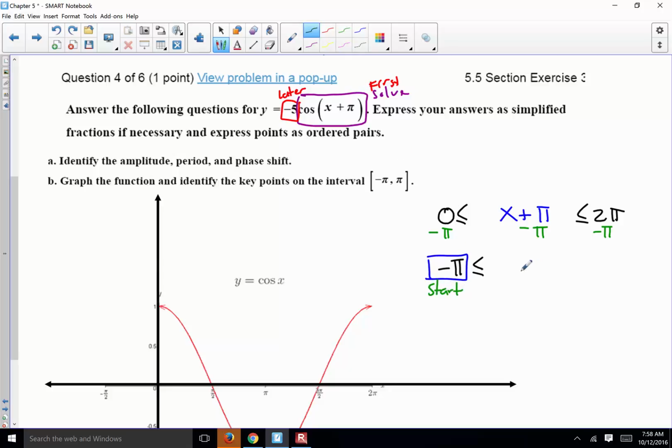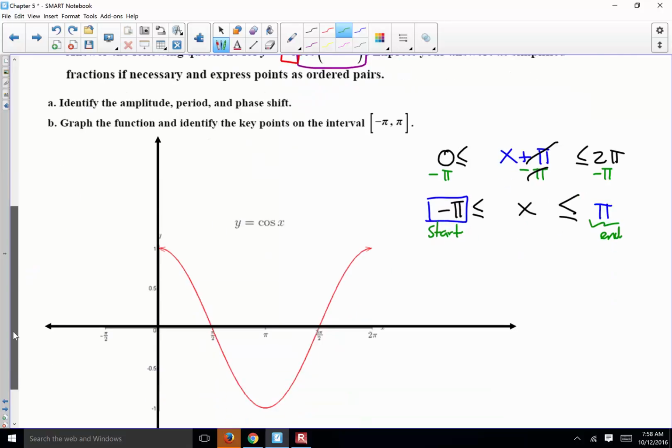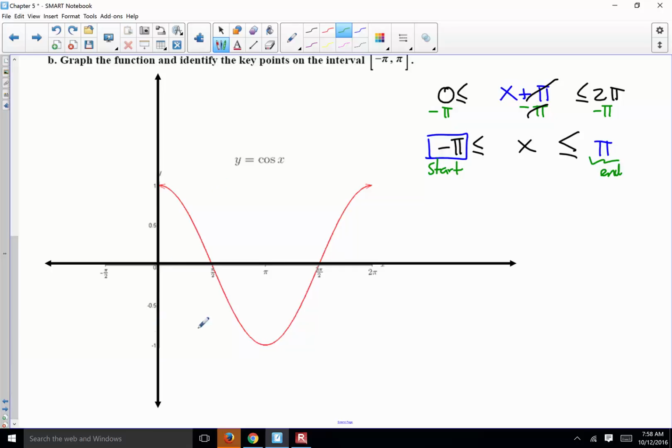X is in the middle. Fine. These are gone. And 2 pi over pi is pi. This is end. I want to see a picture here that starts at minus pi, ends at pi. So this picture is going to move, guys.